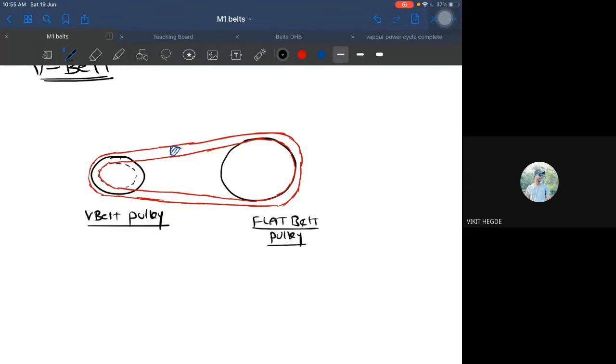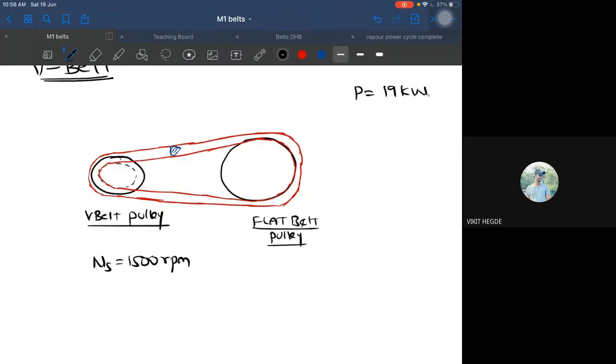V-belt drive is required to transmit 19 kilowatts of power. So power required to transmit is 19 kilowatt. And the speed of the smaller pulley, which is the V-belt pulley, is 1500 RPM, from a 250 mm pitch diameter. Remember, whenever you specify a V-belt pulley, you use the word pitch diameter. You will not use the word pitch diameter for the flat belt pulley.